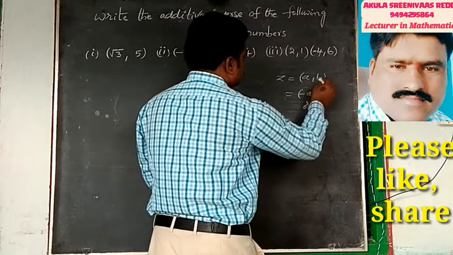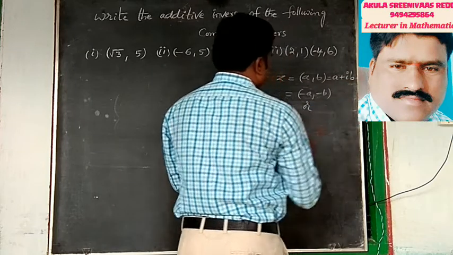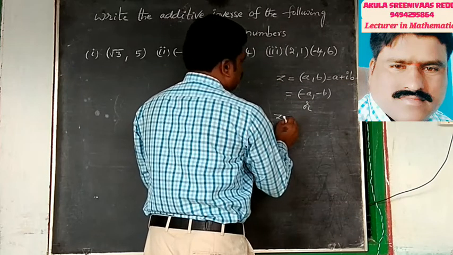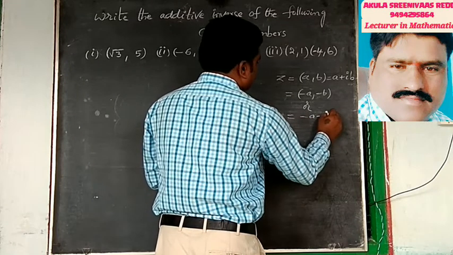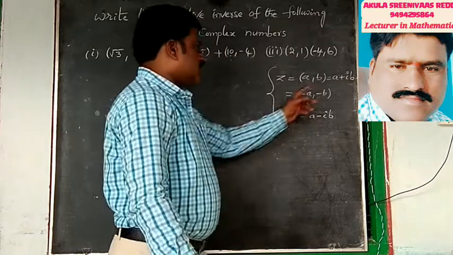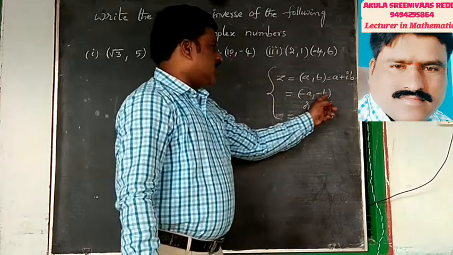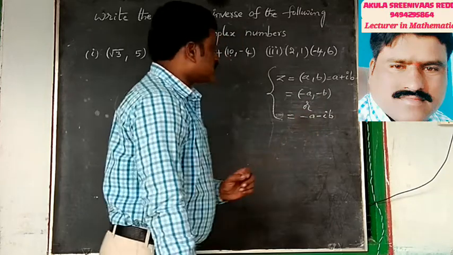Or this can also be written as a plus ib. So additive inverse of z is equal to minus a minus ib. This is the additive inverse of a plus ib. Minus a minus b or minus a minus ib.